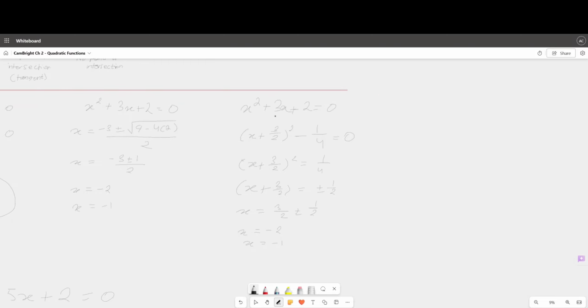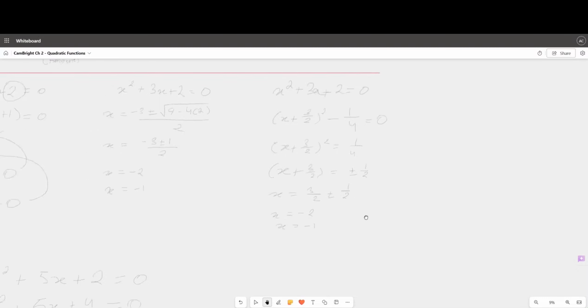This is the same process, half, subtract that one, and so basically you complete the square, you take it to the other side, and then you just solve this like any normal equation. Instead of expanding this, you just take that to the other side, square root it, you get two values, take that to the other side, and the plus and minus gives you two values.